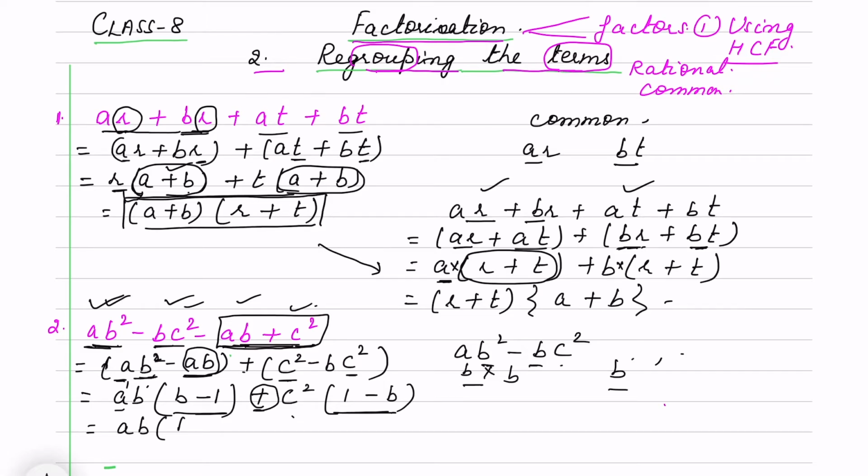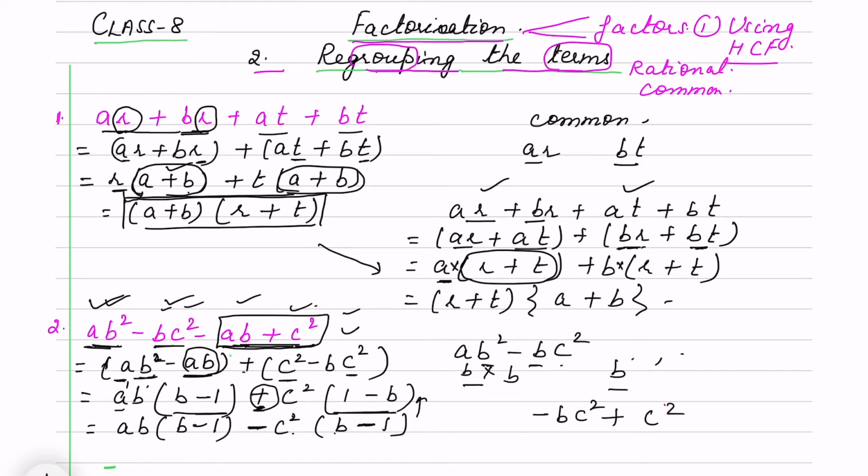So that we can take common outside. If I take minus C square, B minus 1. It is the same: if you multiply minus C square into B, it is minus BC square, and minus into minus will be plus C square. So I am getting the same here, minus BC square and C square.